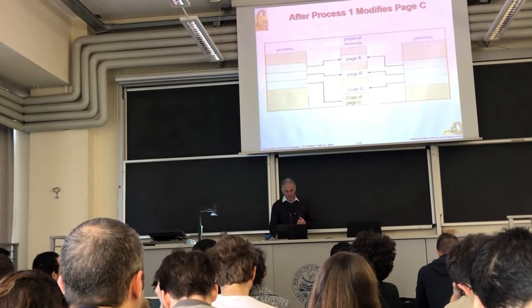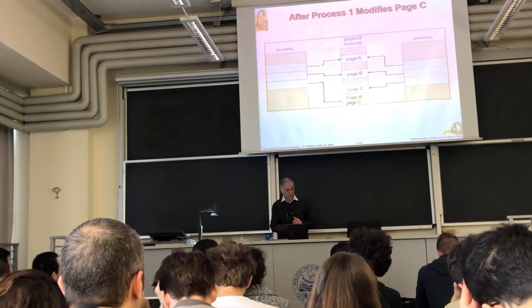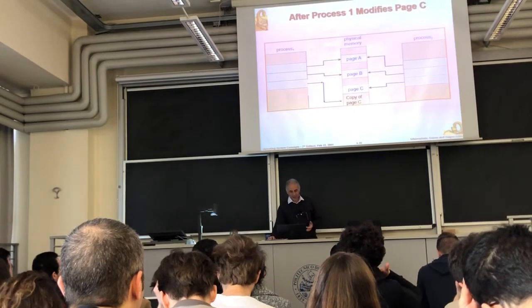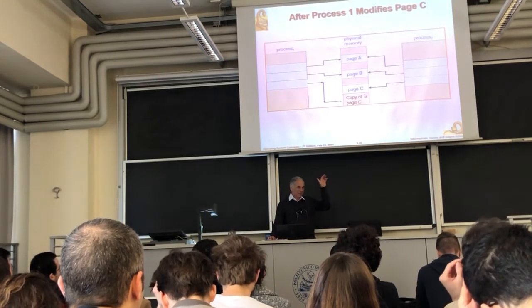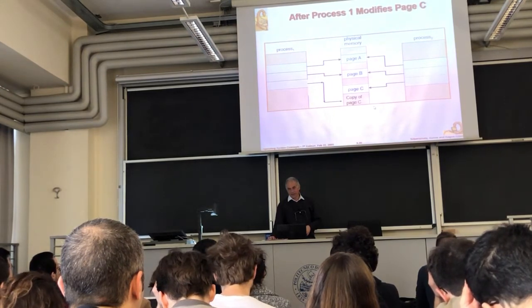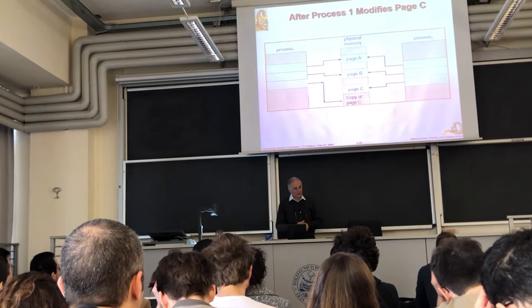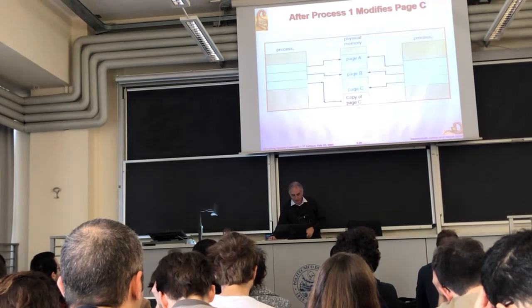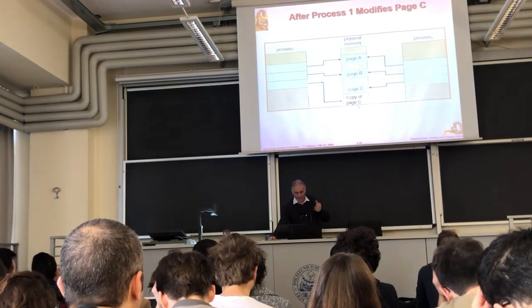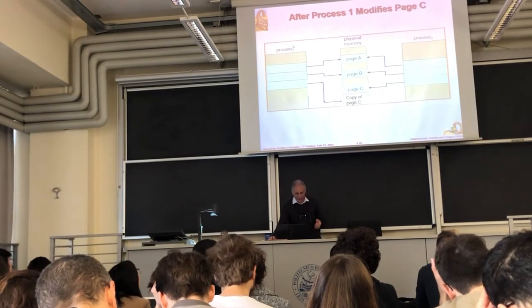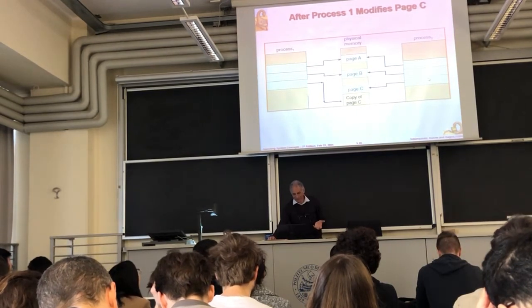So at this point, the two processes will have a different page table because for the same page C, now the page table points here where something has been modified by the process 1. Okay? So if you write, say, x equal 1 in page C for process 1, this is not modified for process 2.